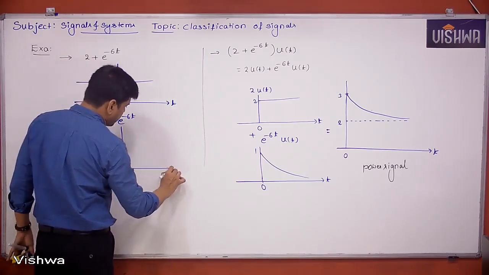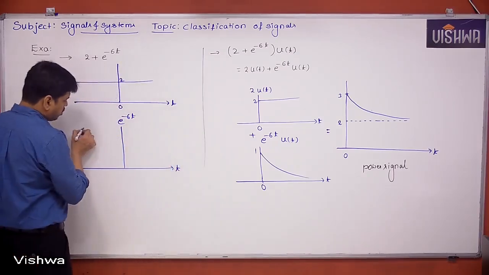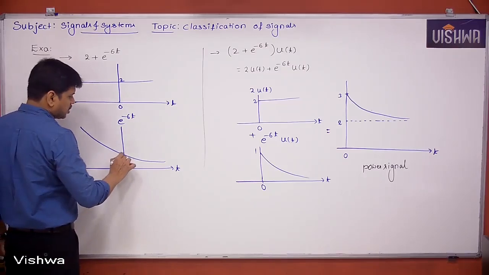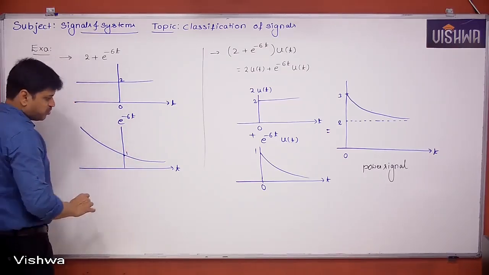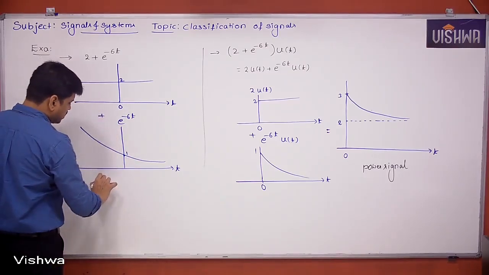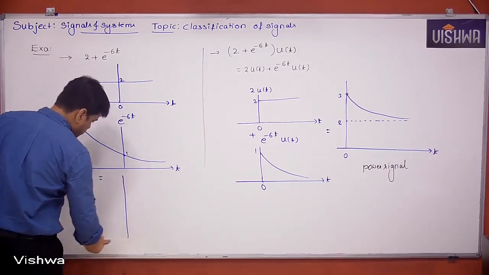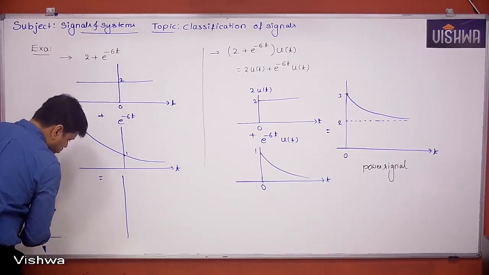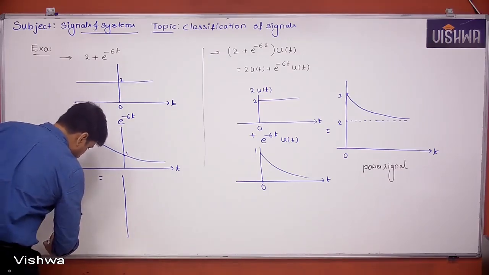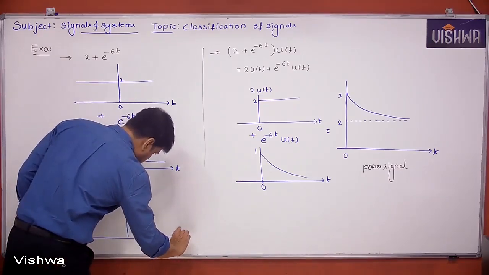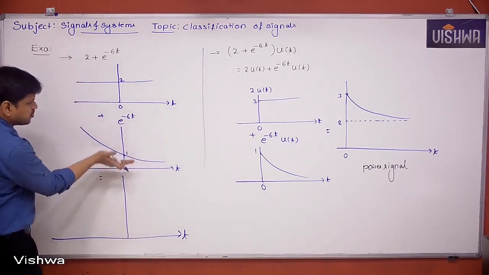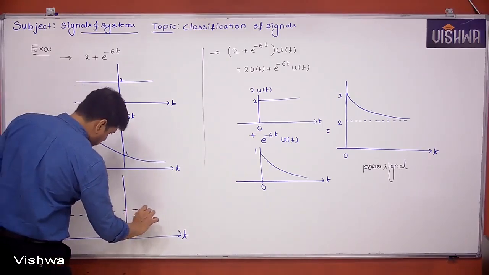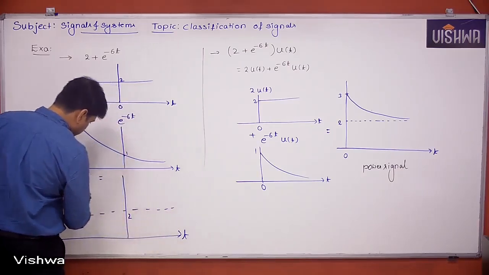It is existing from minus infinity to plus infinity. So it looks like this. Okay. Now if you add them, then the resultant signal looks like this. The signal is shifted upwards by 2 units, and it is decreasing like this.